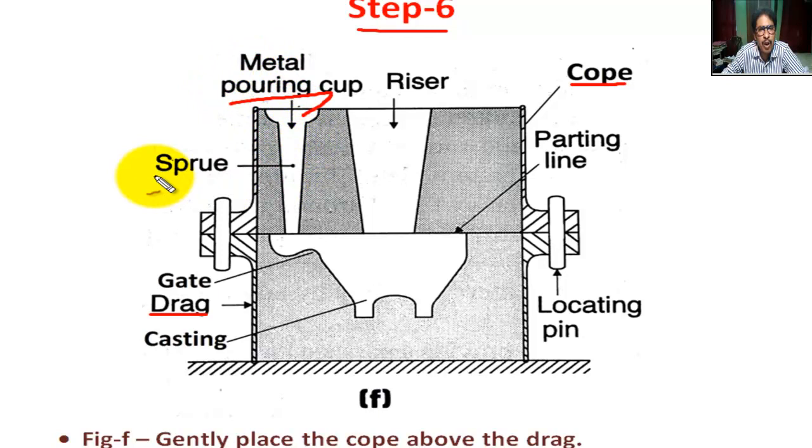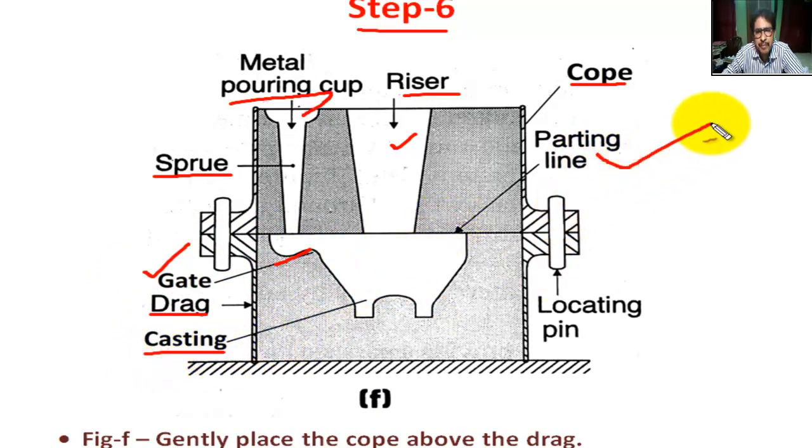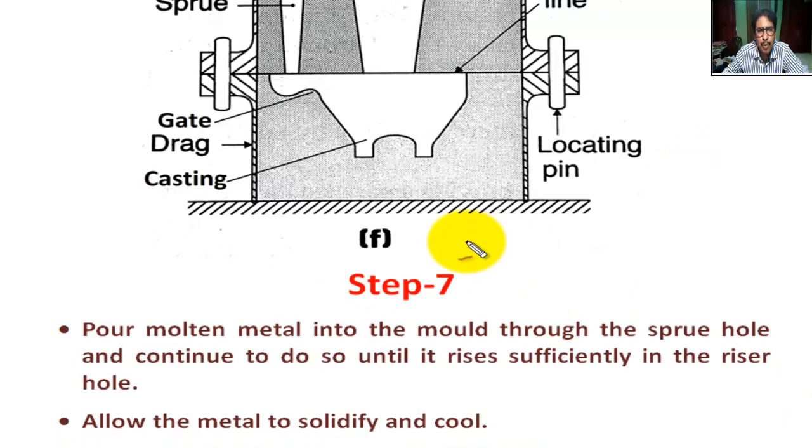Molten metal is poured in this hole. This hole is called the sprue, and this hole is called the riser. This is the gate. This is the casting. This is the parting line. This is the locating pin.